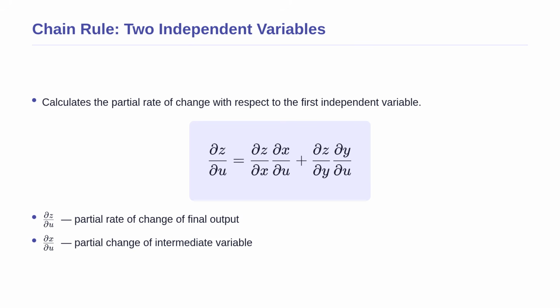The term partial z over partial u represents how much the final output changes when we tweak only the first independent variable. We still calculate this by tracing every possible path through the intermediate variables, multiplying the partial changes along each path, and adding them up. If the intermediate dependencies grow stronger, this overall partial derivative will also increase.